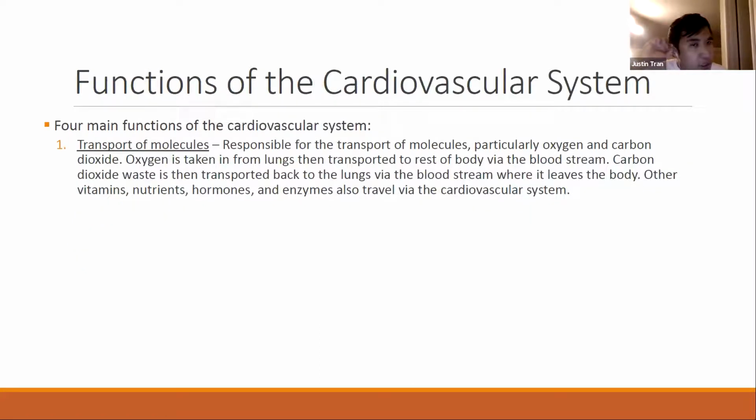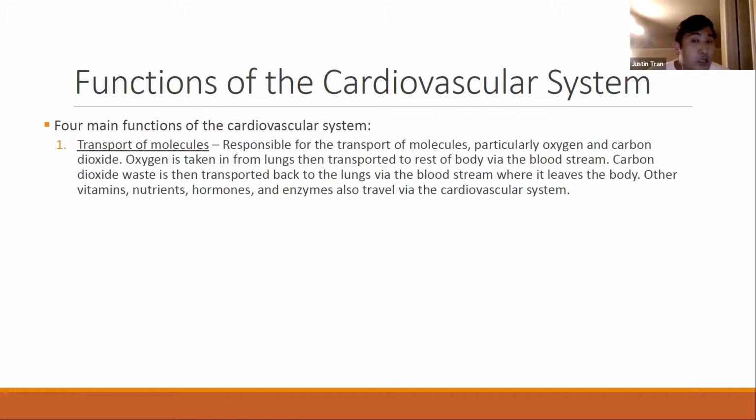Okay, so let's talk about some of the other functions of the cardiovascular system. There are 4 of them. The primary function, just like we talked about, is transporting molecules throughout the body, and the primary things that get transported are oxygen and carbon dioxide. Oxygen gets taken into the lungs, then from the lungs it gets absorbed into the bloodstream, and from the bloodstream it gets transported through the rest of your body.